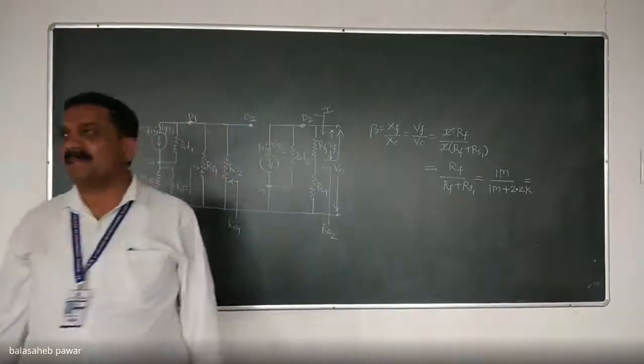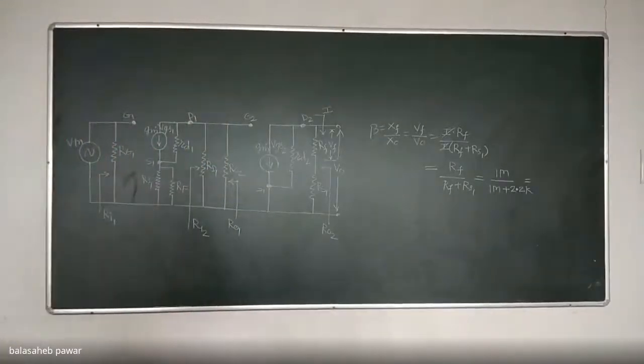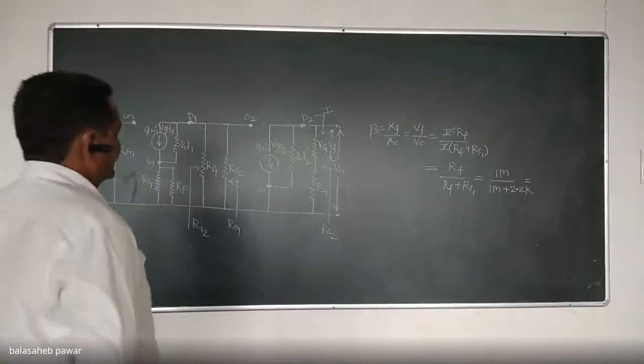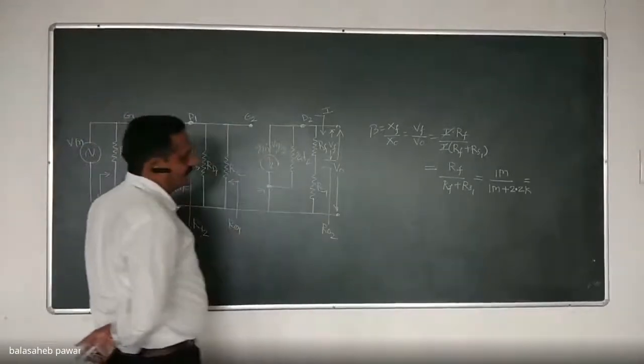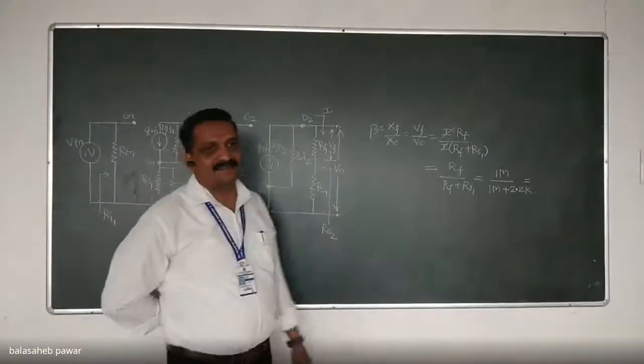Fast. One mega divided by 1 mega plus 2.2 K. Within a few seconds, you should answer it, because hopefully you have your calculator, notebook, and pen.